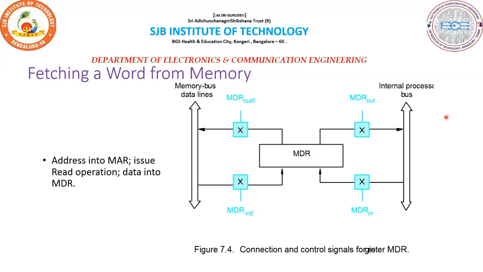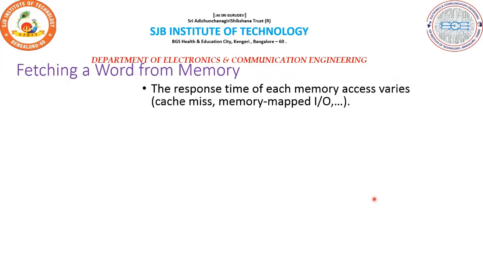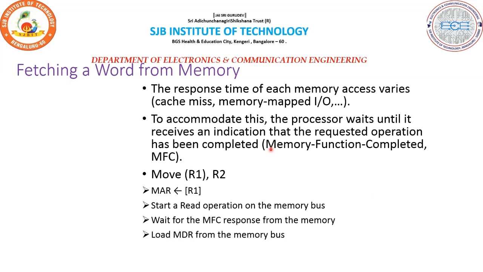So this is the example. You can see that the response time of each memory access varies depending on a cache miss, memory-mapped IO, or IO-mapped IO.